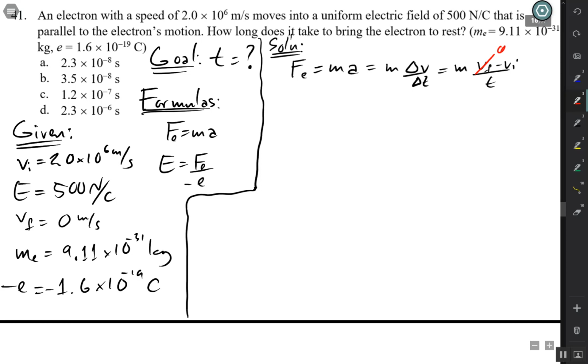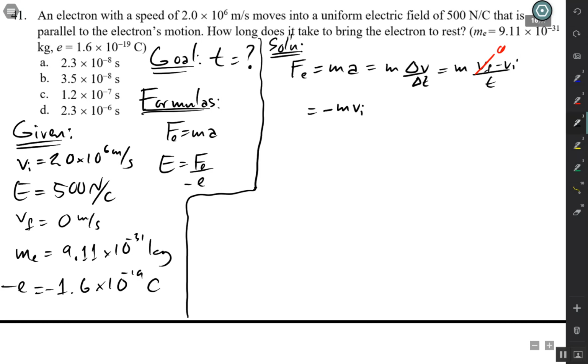It is 0. So we actually get negative MVI. Where did the negative come from? It came from right there. Divided by time, which we're looking for.